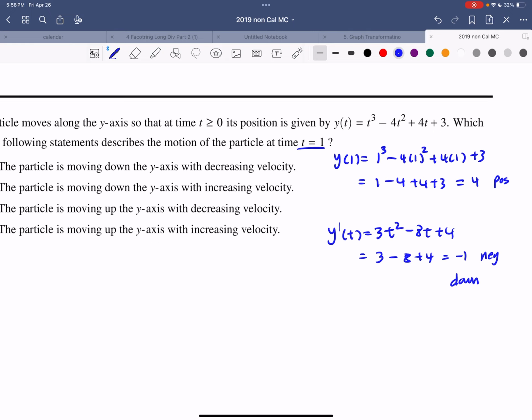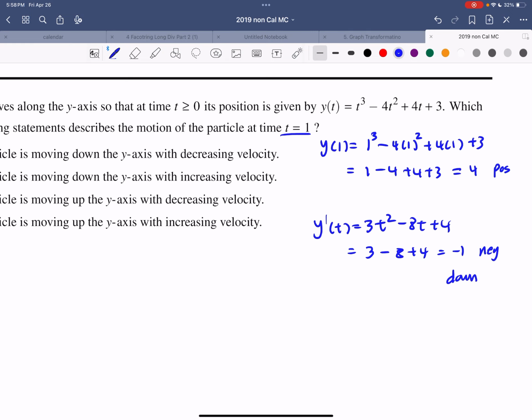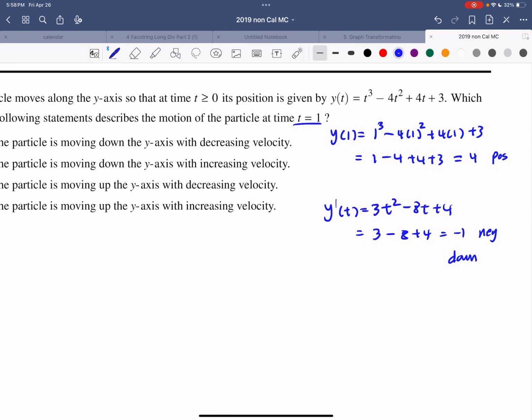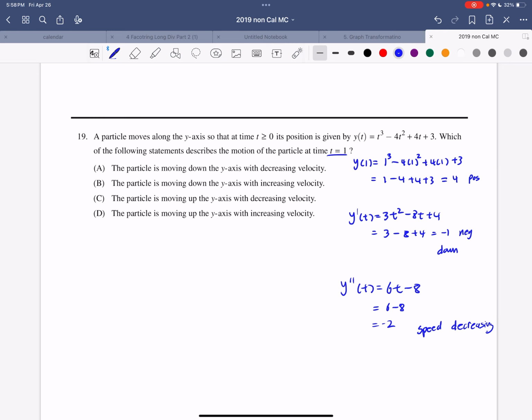It means the velocity is decreasing. Now, if I do the acceleration, that's 6t minus 8, and if I plug in 1, that's 6 minus 8, which is negative 2. So the speed is going down. Speed is decreasing. So that's what acceleration means.